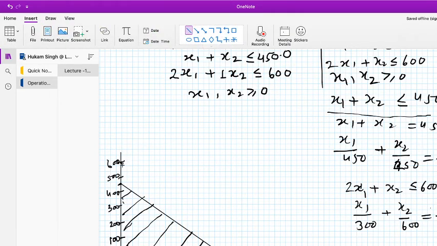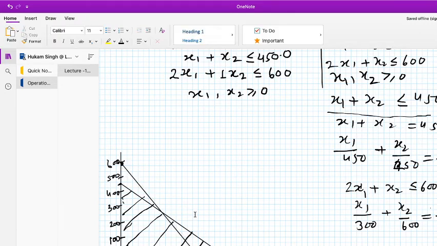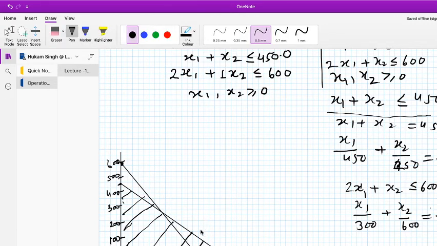So this is the line. This is our first constraint and this is our second constraint.